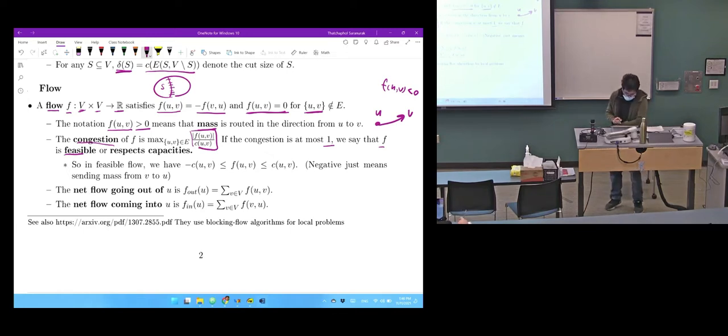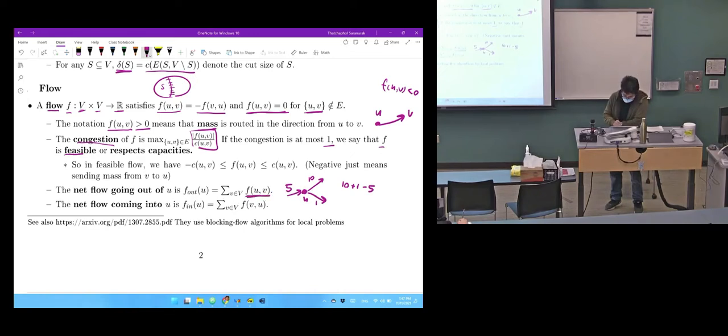And next is the net flow going out of U. So if you have U here, and this is 10, this is 1, and this is 5, then the net flow going out of U is going to be 10 plus 1 minus 5. So I'm really just summing over all of this.